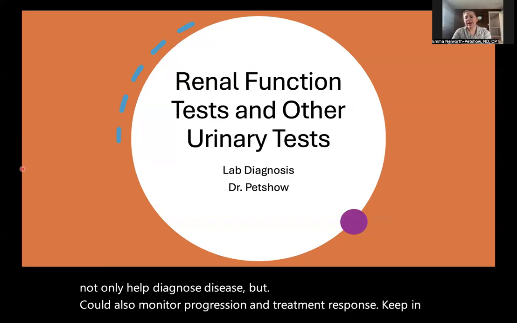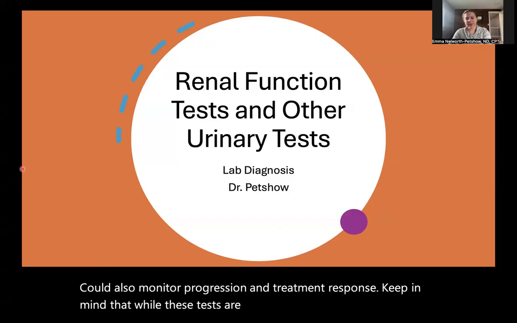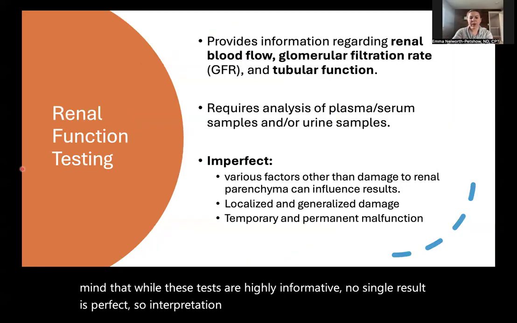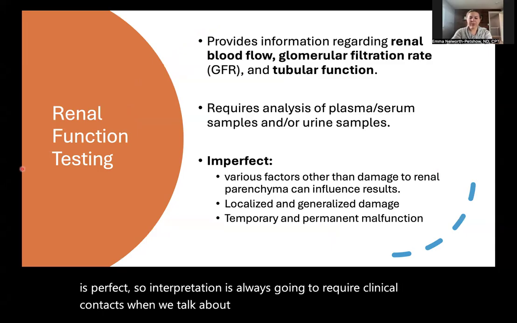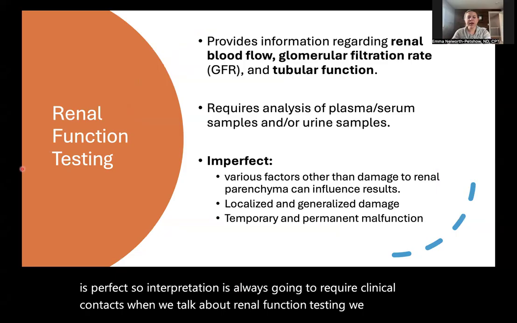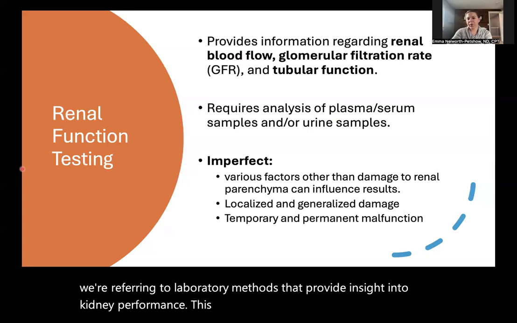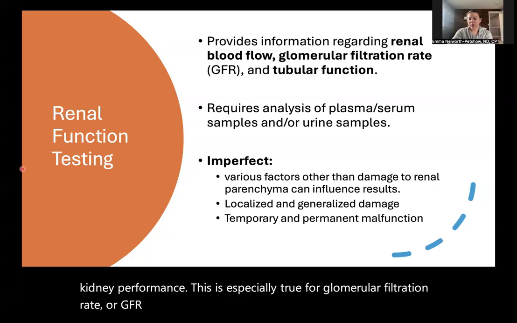Keep in mind that while these tests are highly informative, no single result is perfect, so interpretation is always going to require clinical context. When we talk about renal function testing, we're referring to laboratory methods that provide insight into kidney performance. This is especially true for glomerular filtration rate, or GFR, and tubular function.